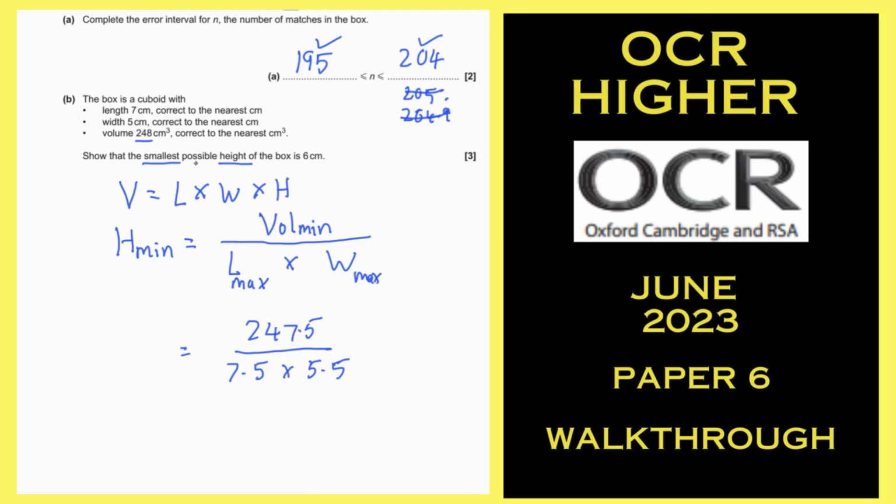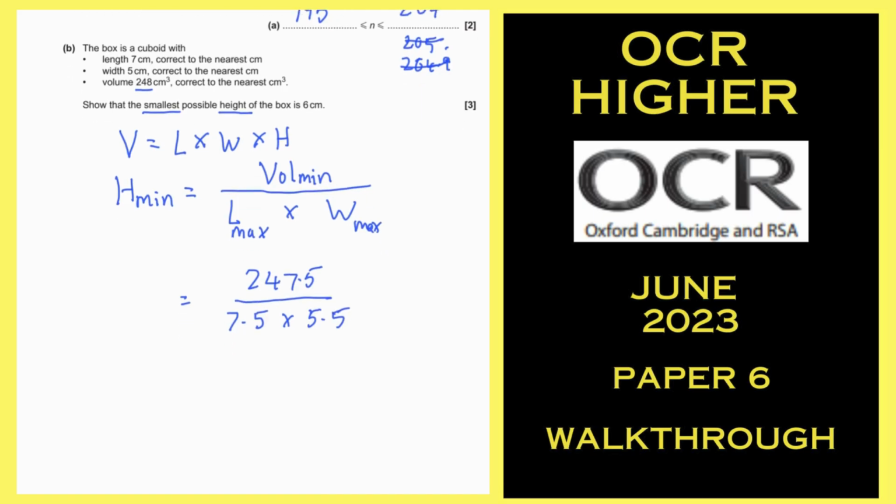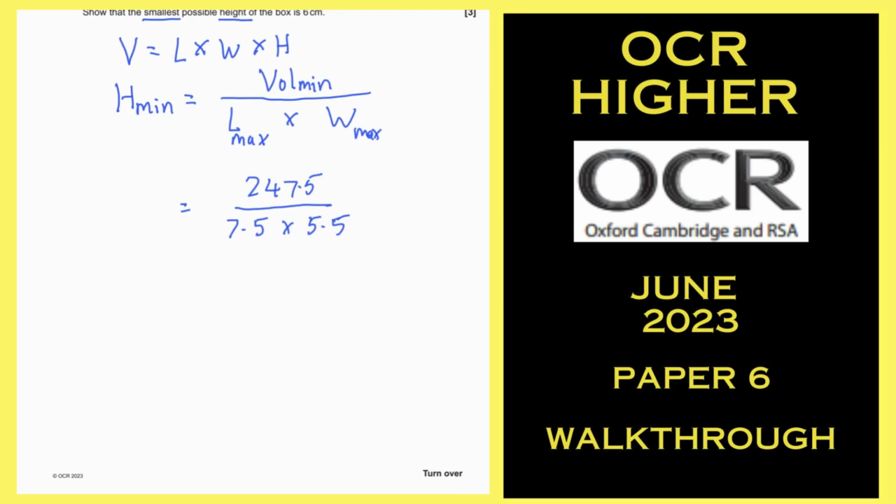Again, best off using 5.5. And when you get all that into your calculator, believe it or not, it does spit out 6 centimetres, shown quite clearly. It's 3 marks, 1 for a decent formula, 1 for any 2 of your boundary picks being correct, and 1 for demonstrating and showing it crystal clearly.